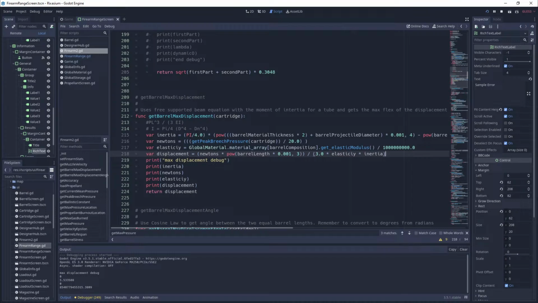So it's multiplied by A times 3. So 2.73 times 10 to the power negative 13.